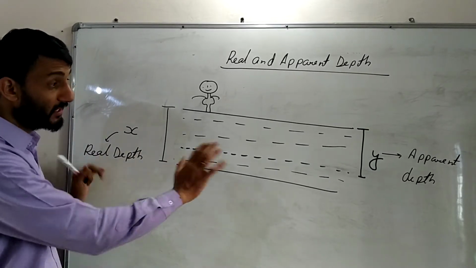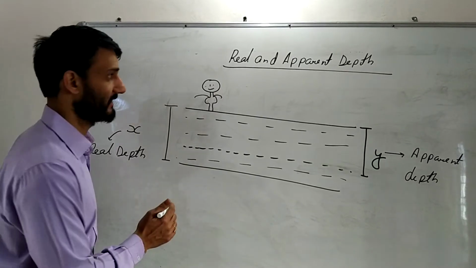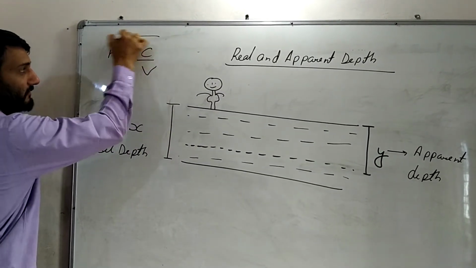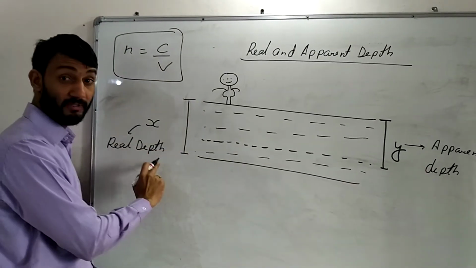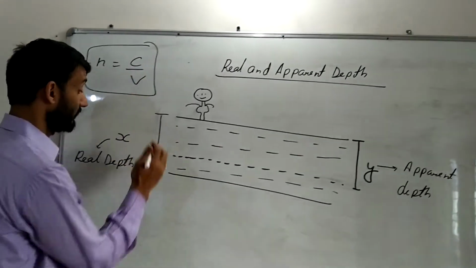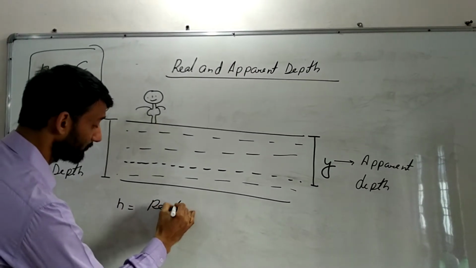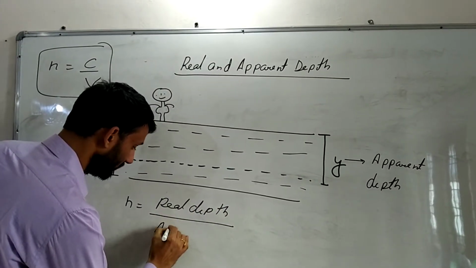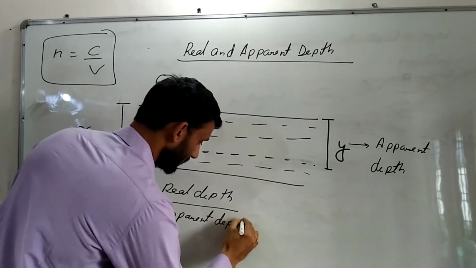Now using these two depths, we can calculate the refractive index. Earlier the formula for refractive index was c upon v. Now one more formula using these two depths is real depth upon apparent depth.